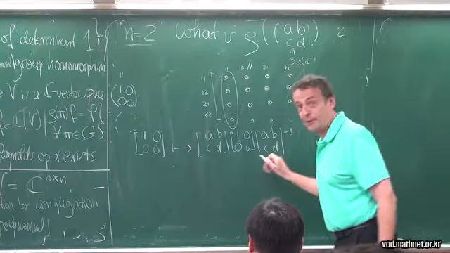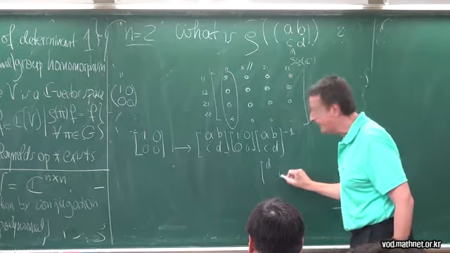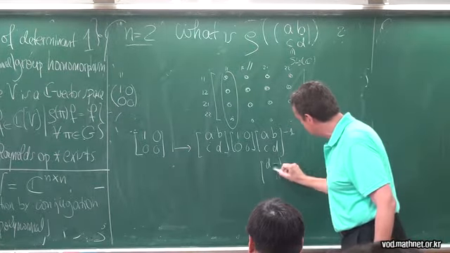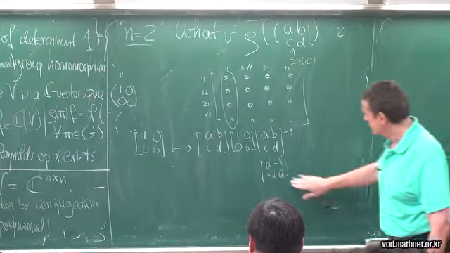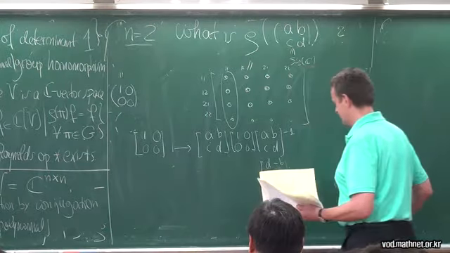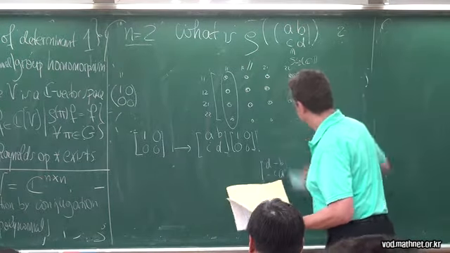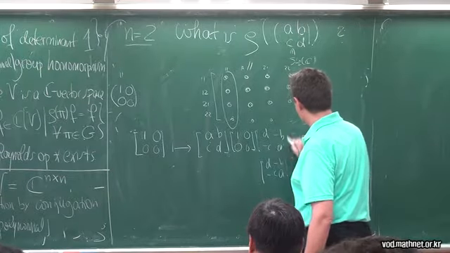So now it gets hard. The inverse is D, minus B, minus C, A. Well, let's copy that: D, minus B, minus C, A.